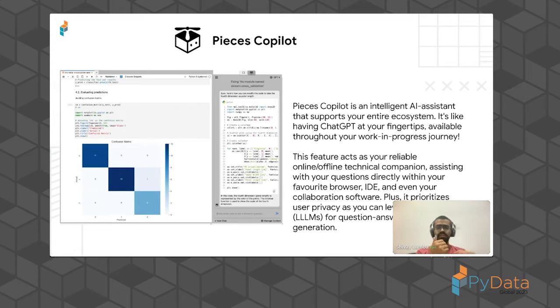So Pieces Copilot can also use local large language models, which are open source as well, for example, Code Llama or Llama 2, and you can then run your entire end-to-end Chat GPT like experience, but get explainability of your code. Try to ask that particular Copilot, hey, rephrase that particular code.